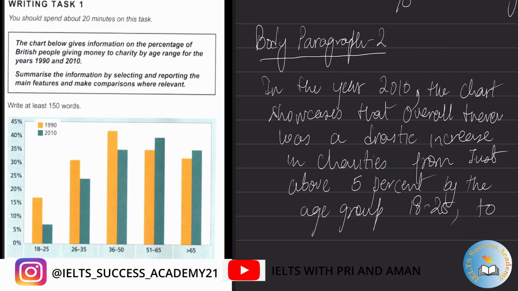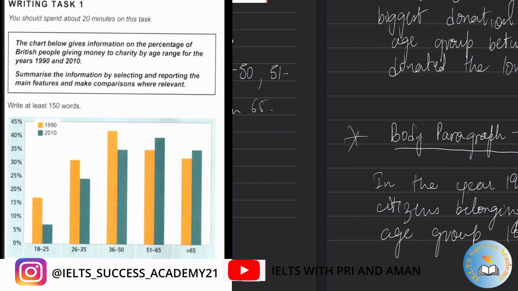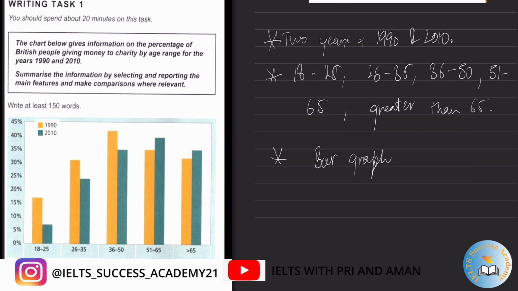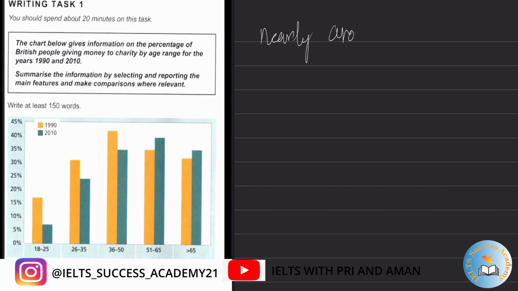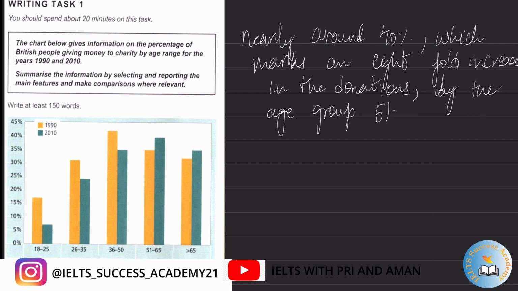to nearly how much? To nearly around 40%, which marks an eightfold increase in the donations by the age group 51 to 65.